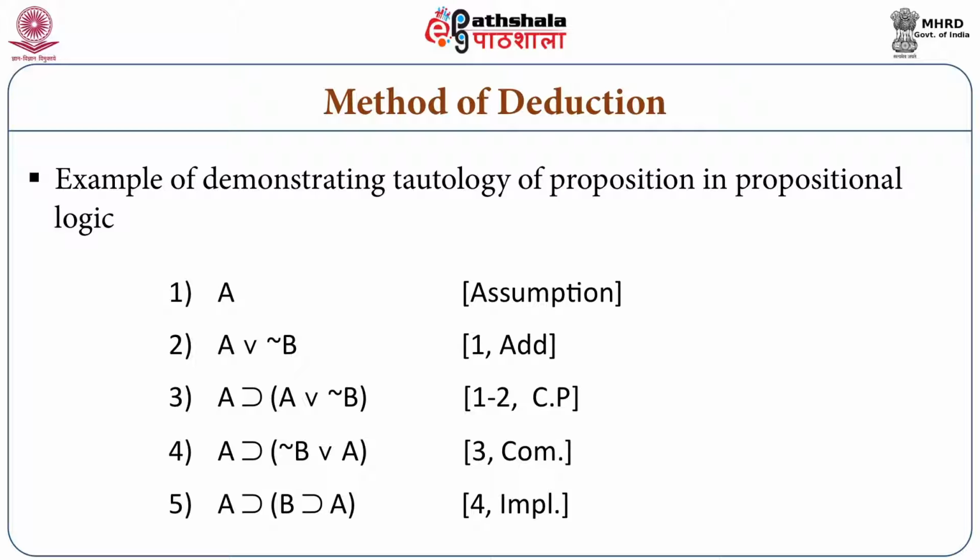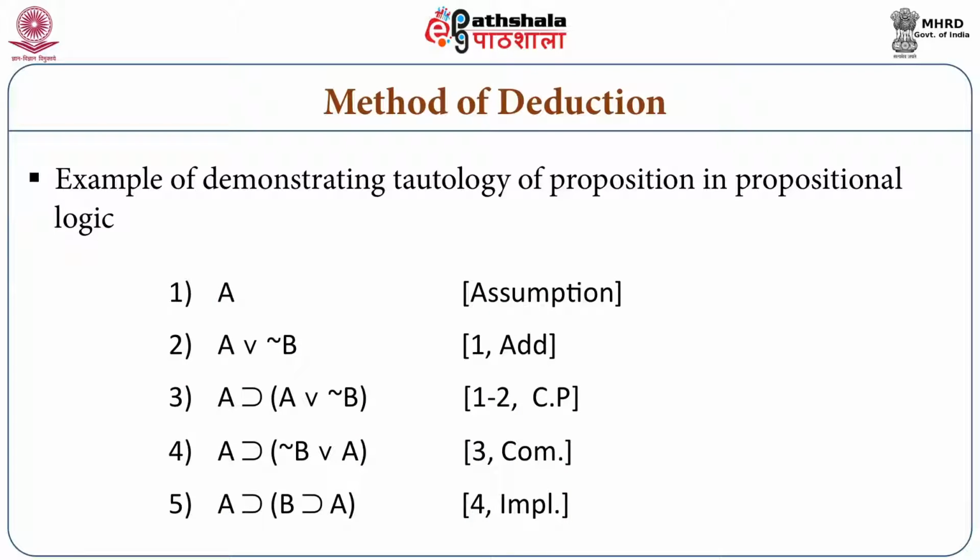A implies either A or not B. And by the rule of commutation of disjunction, we can change A or not B into not B or A. So in the fourth, by material implication, that is a logically equivalent expression of disjunction and implication, we can derive A implies B implies A.